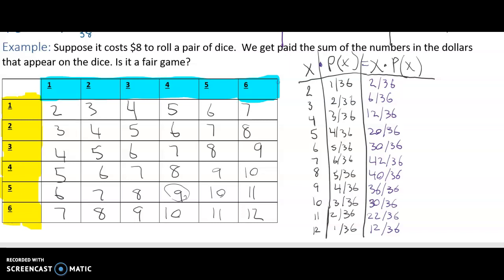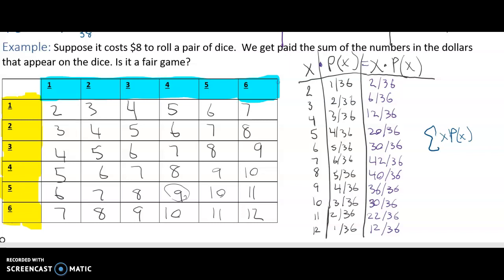Now, we know to find our expected value, we need to find the sum of each x times the probability of x. That means we're finding the sum of everything in this column, the purple column we just created. Now you'll notice that I didn't write my answers reduced and that everything here has a denominator of 36.